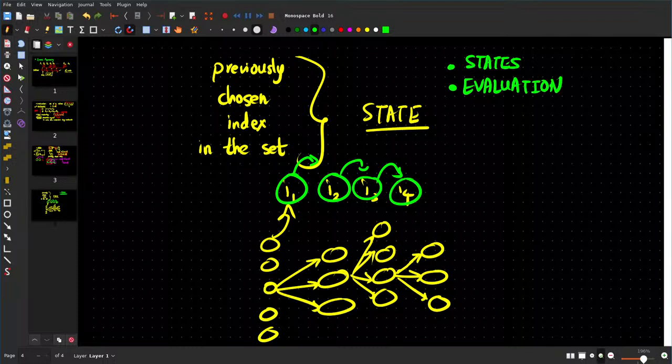Now to evaluate, notice that we need to construct the set of 4 indices. Are we complete when we assign a value to I1? No. Are we complete when we assign values to I1 and I2? No. We are only complete when we have assigned the value for all of these 4 variables.